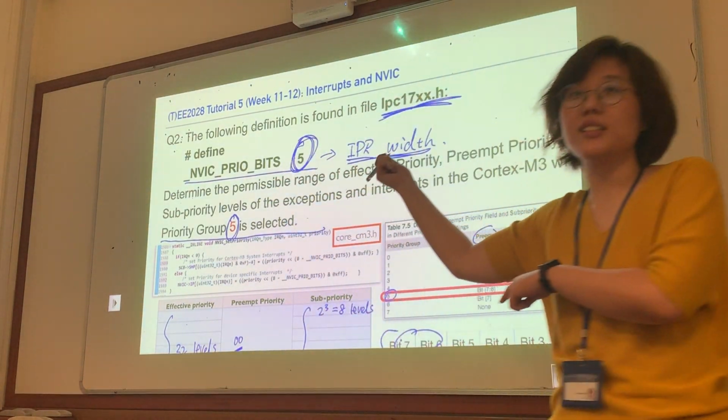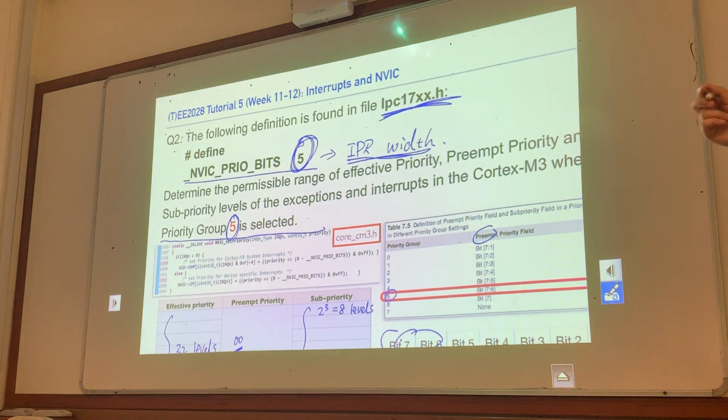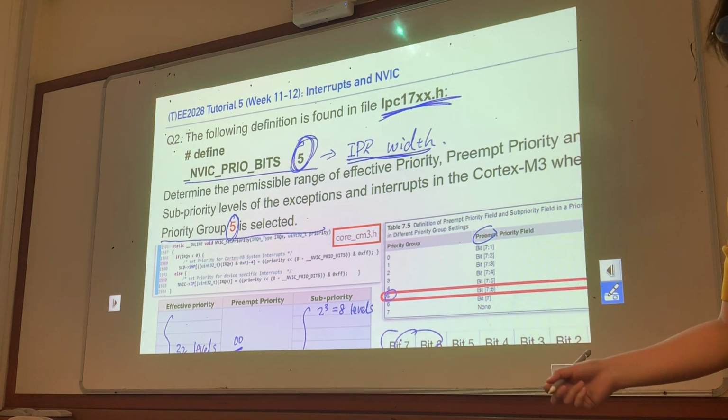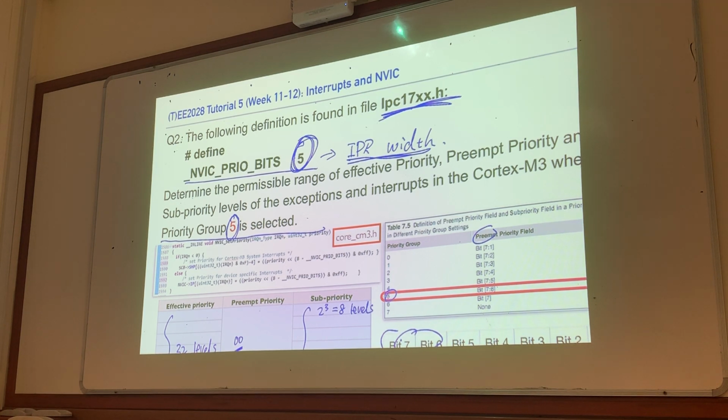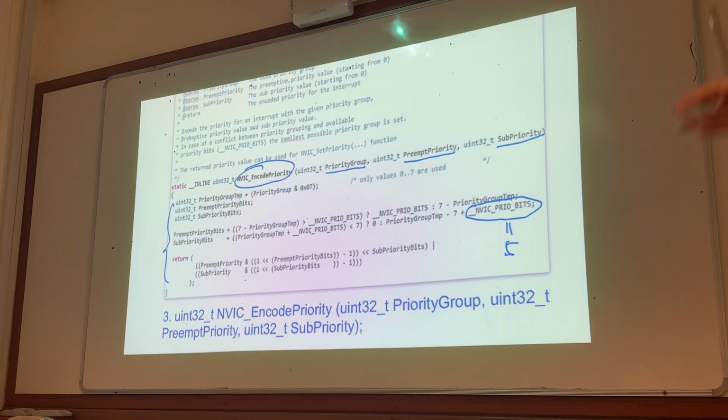It's a constant. It tells you that within your IPR, you can only modify 5 bits. The other 3 are hardware manufacturer reserved.